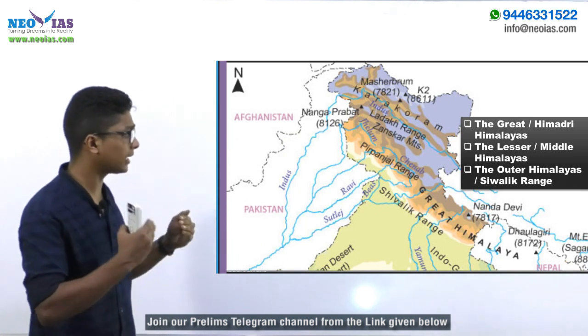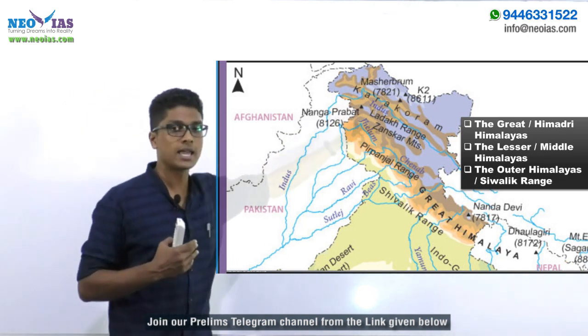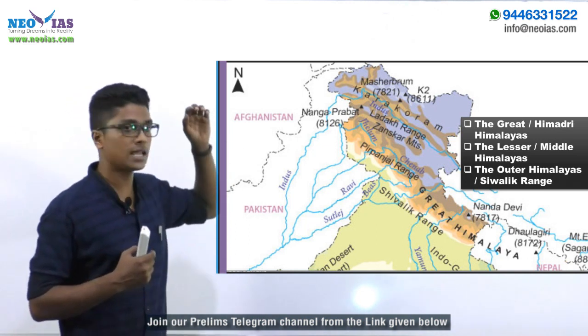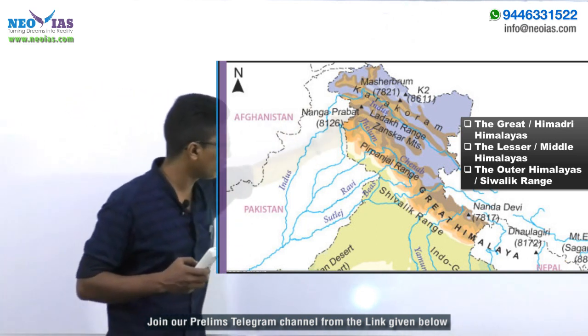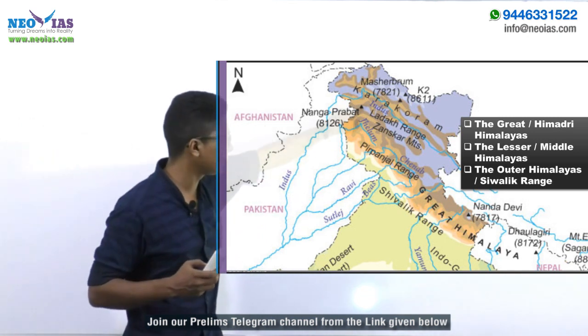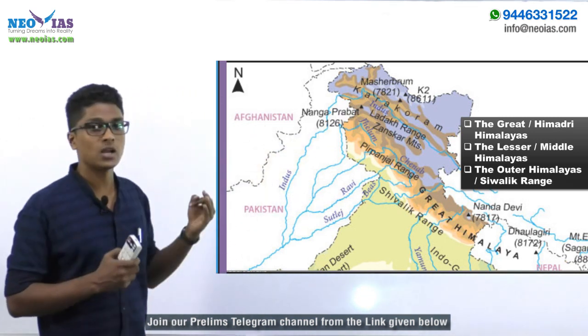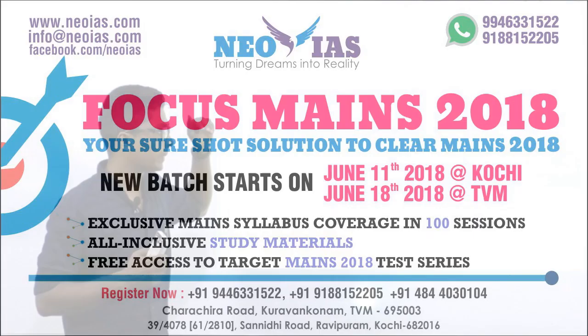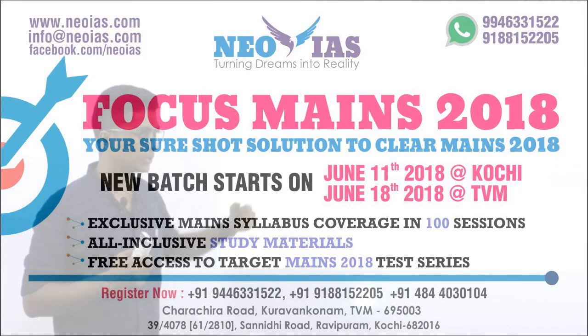This is another parallel range found over the Himalayan regions. The next one is the Great Himalayas or the Himadri, which stretches towards these regions. So these are the three almost parallel ranges in the Himalayas: the Great Himalayas, the lesser Himalayas, and the outer Himalayas.